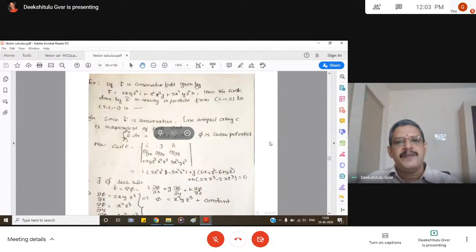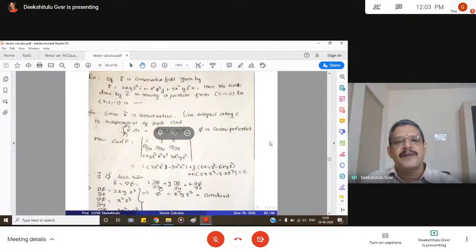Whenever F is conservative, we can always find a function φ such that F = grad φ. Just like in the earlier problems, F = grad φ, so i ∂φ/∂x, j ∂φ/∂y plus k ∂φ/∂z. Compare the coefficients of i, j, k in F and grad φ: ∂φ/∂x is 2xy z³, ∂φ/∂y is x²z³, ∂φ/∂z is 3x²yz².